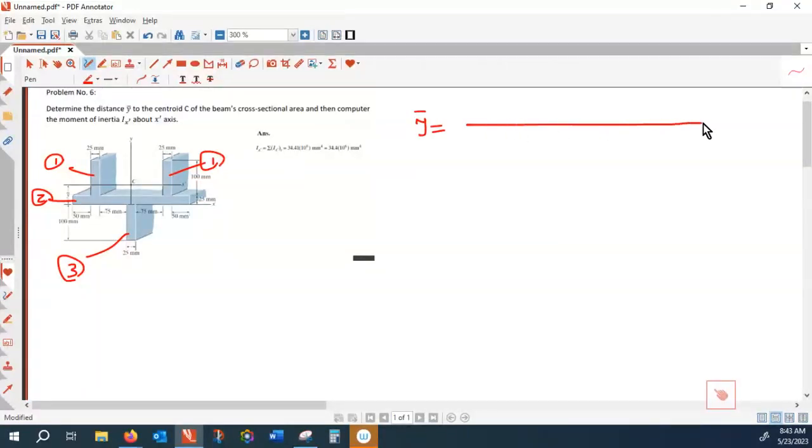There are two cross sections A, so that is 2 times the area of this one, which is 25 by 100, multiplied by the centroid with respect to the reference. The centroid is 50 from here, 25 from there, that is 75.